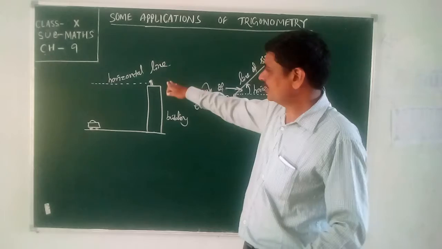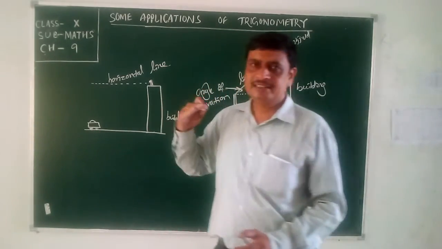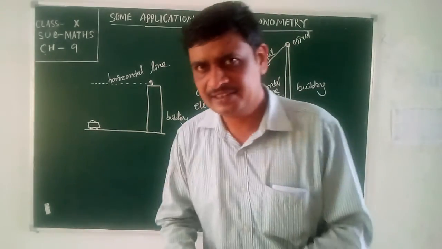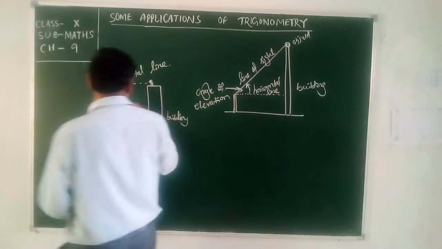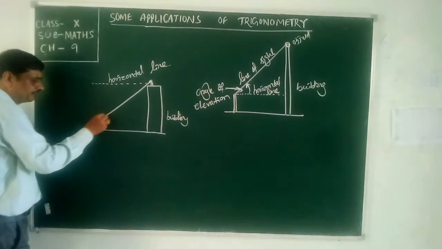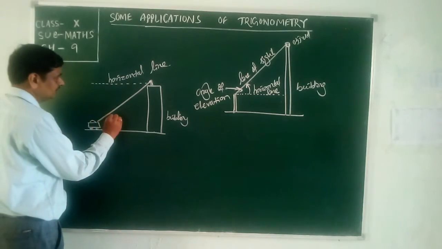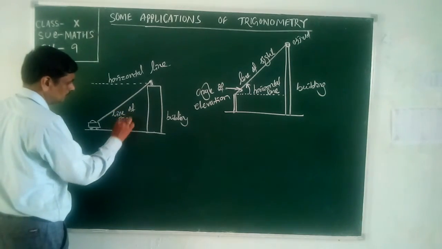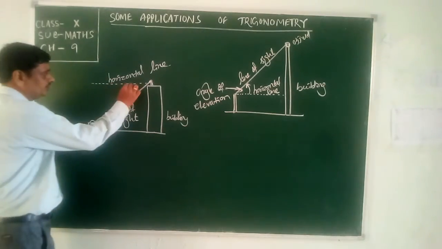But when the person wants to look at the car, then the person has to turn his head downward to look at this car. This line is said to be the line of sight. Here another angle is found.